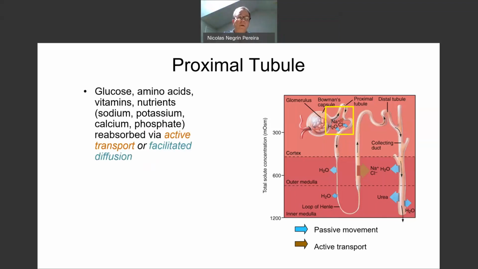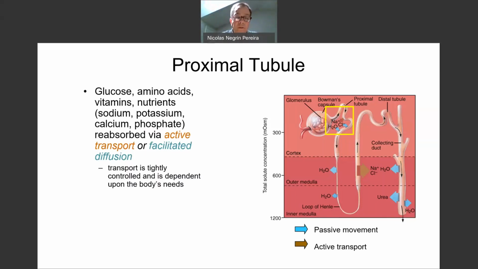Glucose, amino acids, vitamins, and nutrients like sodium, potassium, calcium, and phosphates will be reabsorbed using active transport, meaning using energy, or facilitated diffusion. In the case of water, water will follow the osmotic gradient, so it will follow the ion, so most of the water is going to be reabsorbed.